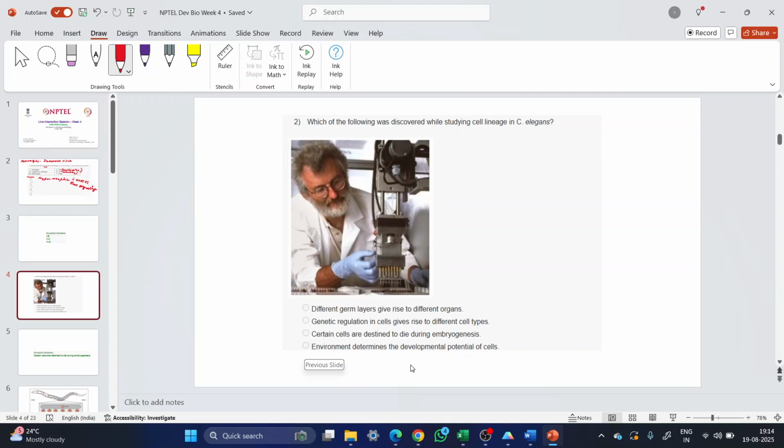Okay, so see, if you have studied C. elegans and its vulva formation, C. elegans has exactly 959 somatic cells in the adult form. In the adult hermaphrodite, it has 959 somatic cells.